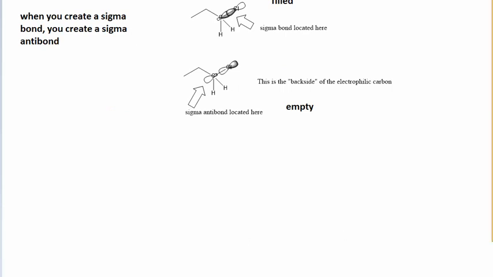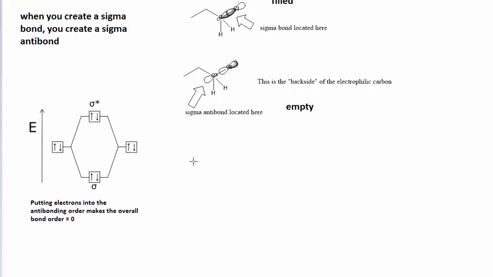Okay, now once again I'll remind you of the way that this chemical bonding typically works. When you form a sigma bond, you form a sigma antibond as well, because remember, a bond is just the same thing as an orbital. So you have a sigma bonding orbital, and you have an antibonding orbital. If you put electrons into the sigma bond, that's usually what you do, and the antibond is empty.